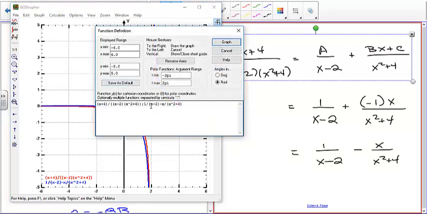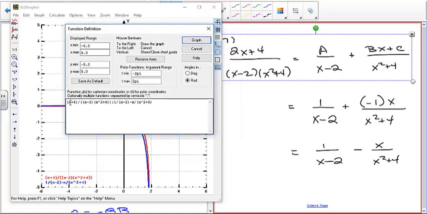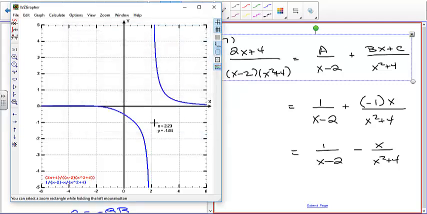It's pretty close, so it's got to be a small error. Oh, it's 2x. It's because I keep hiding my equation. I did that last time too. It's 2x plus 4, not x plus 4. Now if I graph them, they're the same thing. So I didn't make a mistake either time.